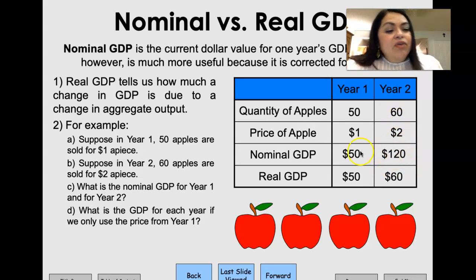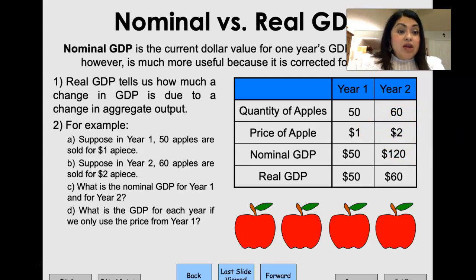But if you compare these 2 years, if you compare 50 to 120, it looks like you've taken a ton more apples to the market. And if we really want to only look at products, we have to take out price. So you have to take out the change in price because we want to know not how much you made, but how many apples actually went to the market.